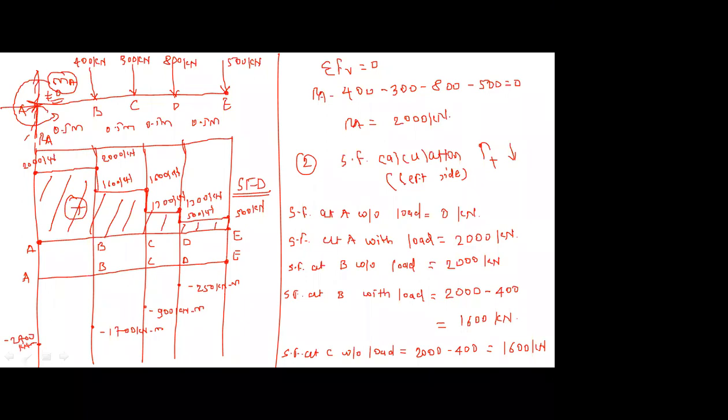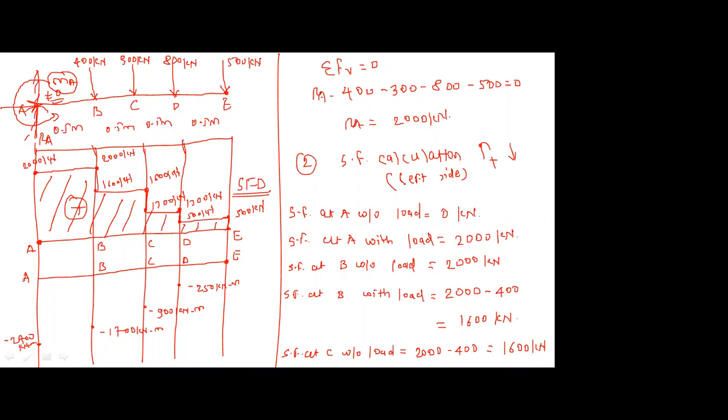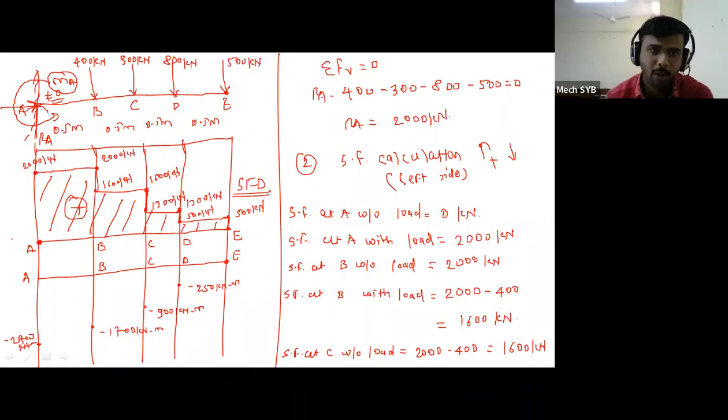Inclined line. If there had been a UDL here, how would we have drawn it in the BM diagram? Parabolic curve. But here from A to B, B to C, C to D and D to E, there is no UDL present.